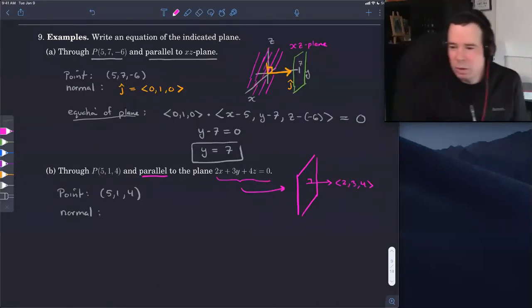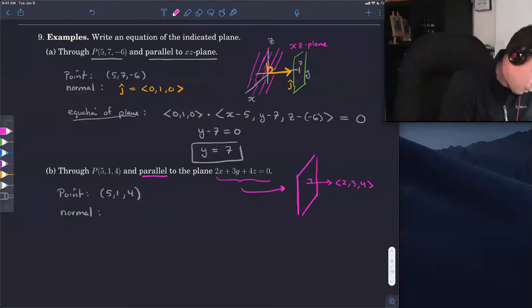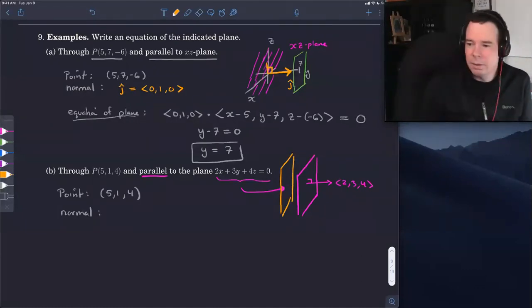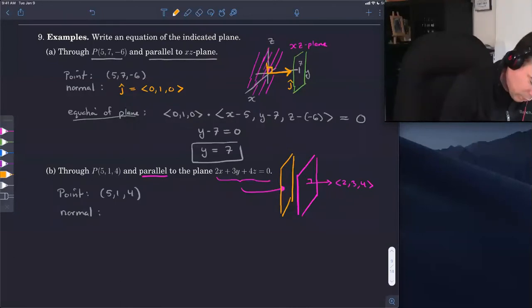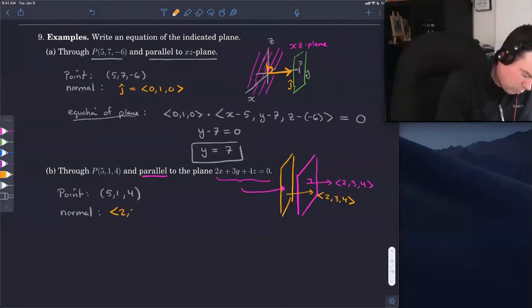That's the nice thing about the equation of a plane, is we can immediately read off its normal vector. The plane we're looking for has got to be parallel to it, so it's going to look something like this. And since it's parallel, it also has to have a normal vector (2, 3, 4). And so that's our normal vector, (2, 3, 4).